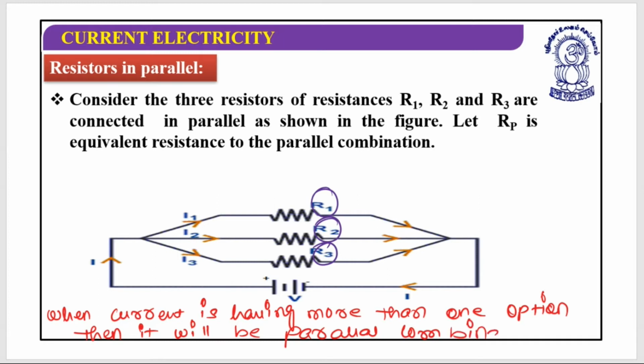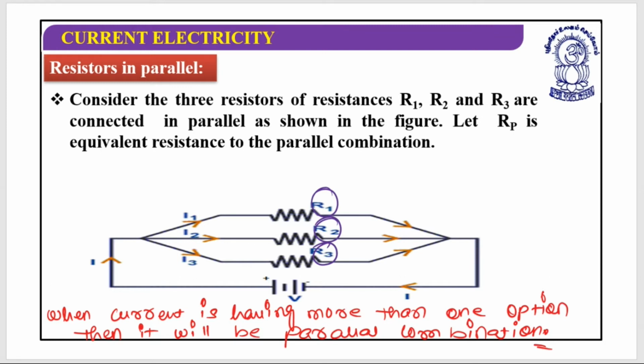Always remember this. And when current does not have any alternate path, that means it is a compulsion for current to pass through that path, that compulsion will show that the resistors are connected in series. I hope these things are clear to you.